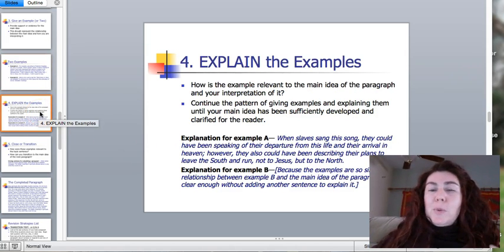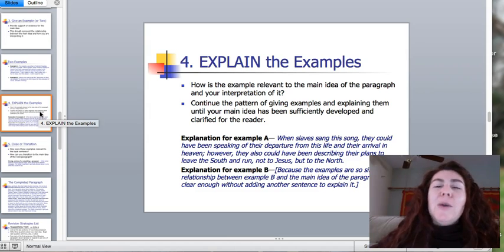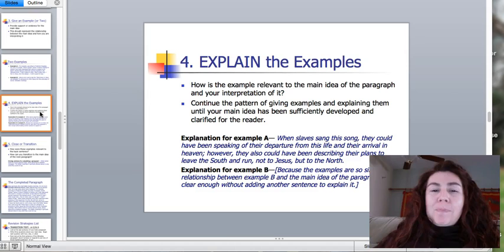So after you show people what your examples are, you can't just drop those bombs on them and run away. You have to explain those examples. You're interpreting this information so that the reader understands how this connects to your main idea and how it supports it.